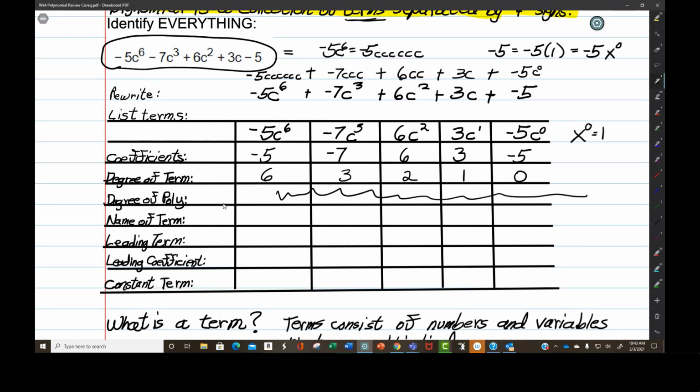So I'm going to put that, I guess I could put it there, 6. The degree of the polynomial is the degree of the highest degree term, which should be in front.